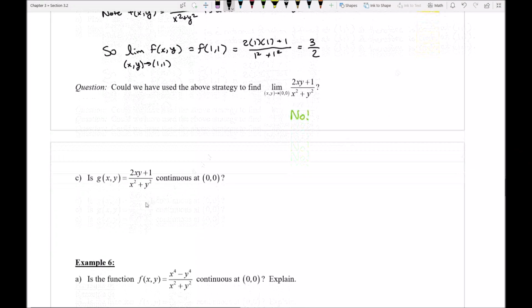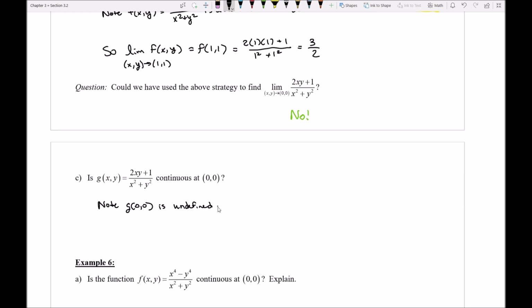So let's go ahead and try to show that. Okay, so let's see. I'll say note g of 0, 0 is, if I try to plug 0, 0 in here, I'm going to get 1 divided by 0. This is going to be undefined, right?